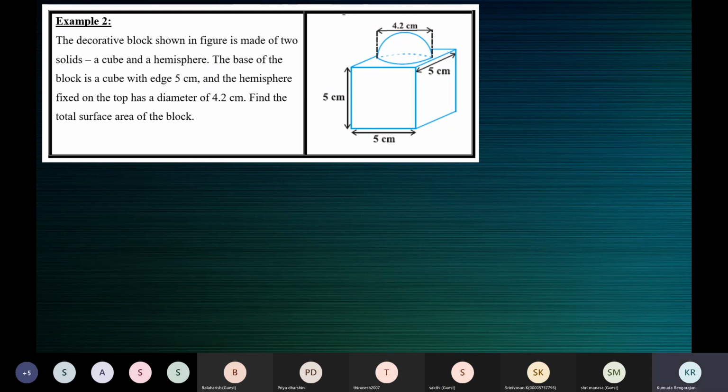Yes, 5 faces. Without any disturbance, 5 faces of the cube are visible completely. What's happening on the 6th face? On the 6th face, that is the face on the top, sits a hemisphere. So the 6th face, okay, a cube is made of 6 square faces.